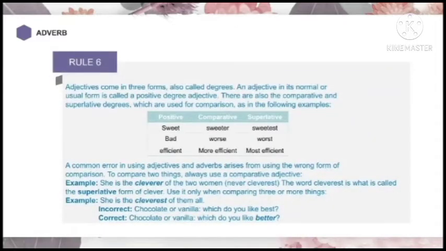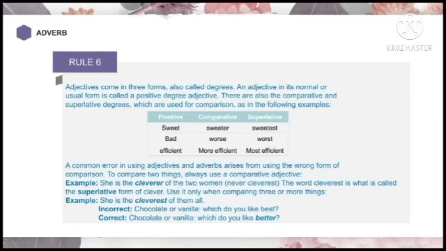Adjectives come in three forms. An adjective in its normal or usual form is called a positive degree adjective. There are also comparative and superlative degrees, which are used for comparison in the following examples. Positive degree: sweet, comparative degree: sweeter, and superlative: sweetest.